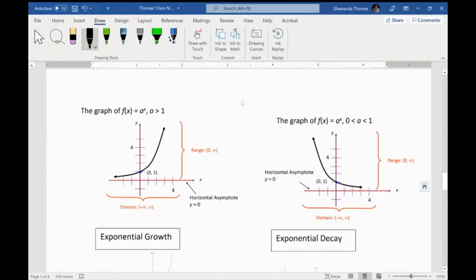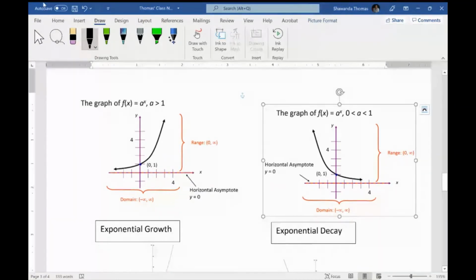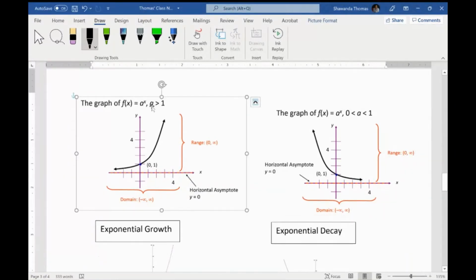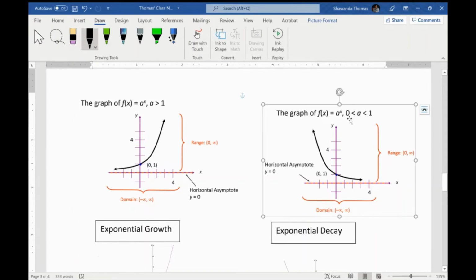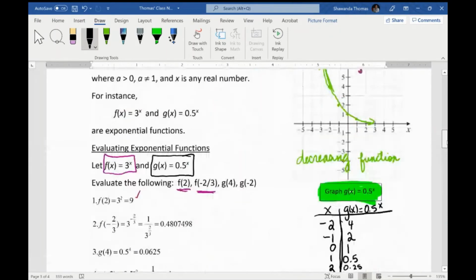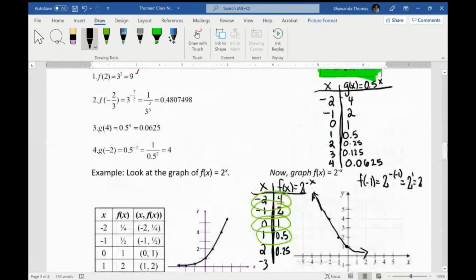So what are we saying? The graph of f of x equals a to the x right here. If a is greater than 1, it's going to look like this. If a is between 0 and 1, it's going to look like this. For example, when a was 0.5, it looked like that. It was decreasing.